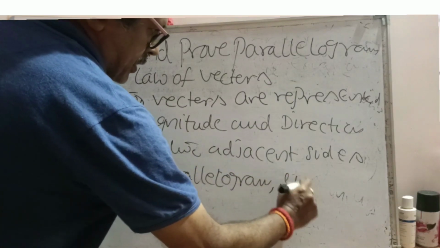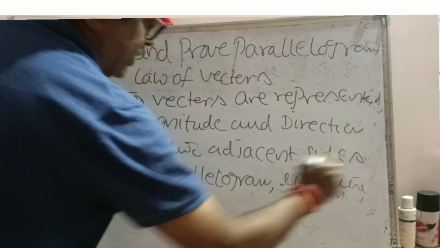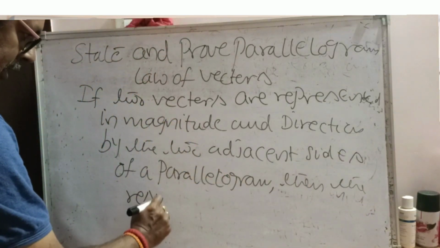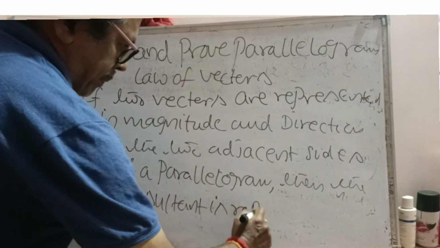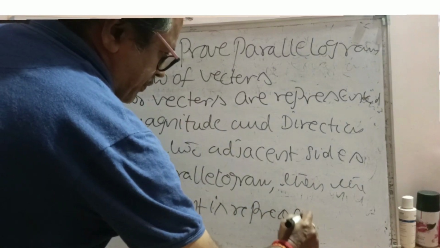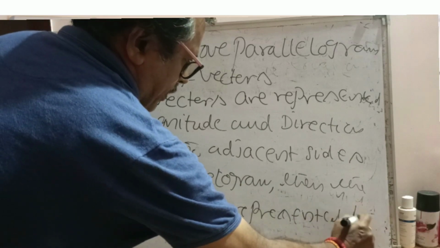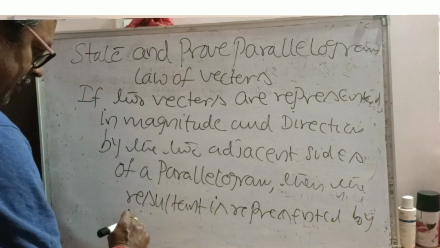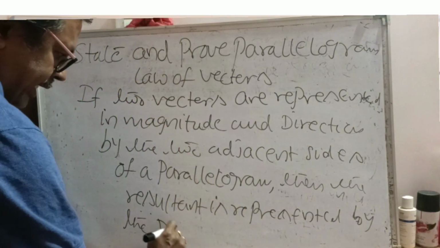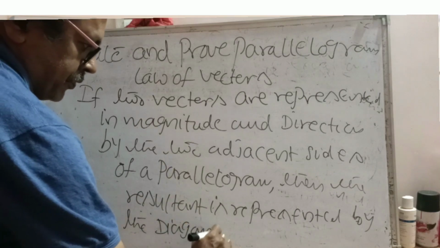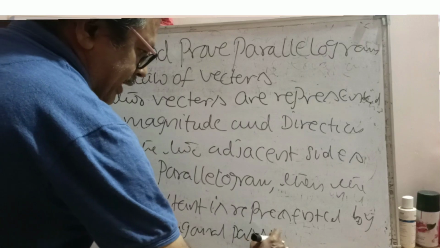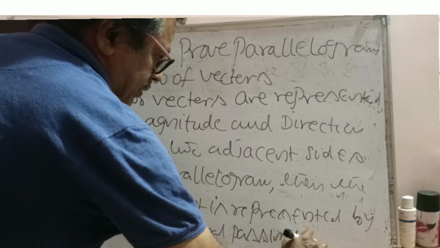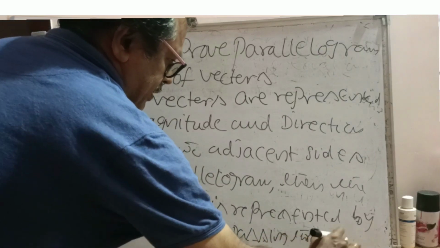Then the resultant vector is represented by the diagonal passing through this point.